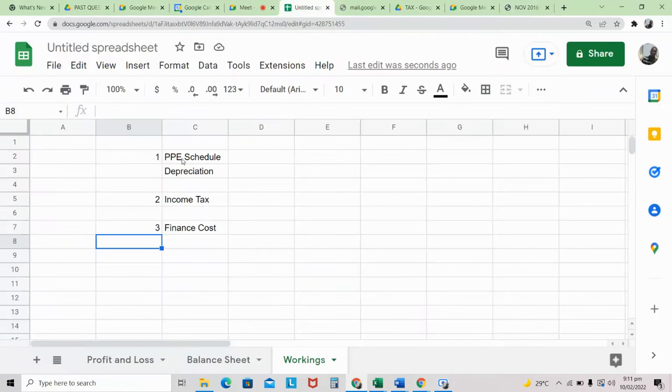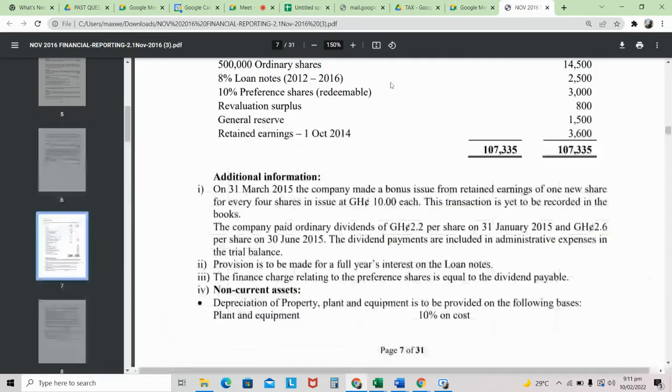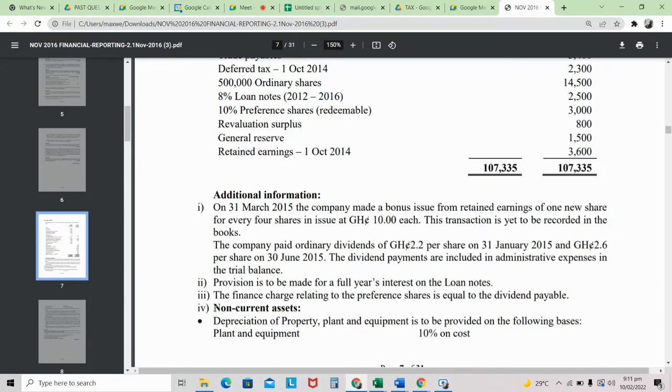So let's start with our PPE schedule first, our depreciation and our non-current assets. Okay, it's Ivy non-current assets.